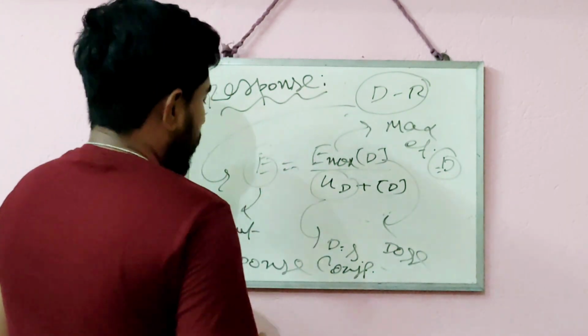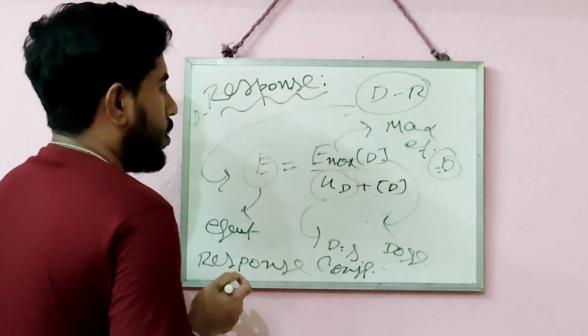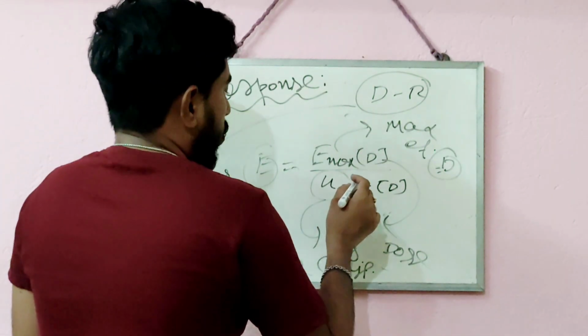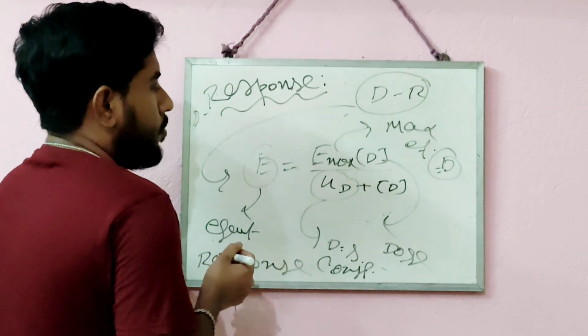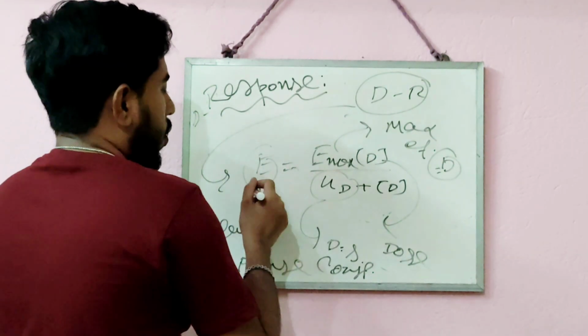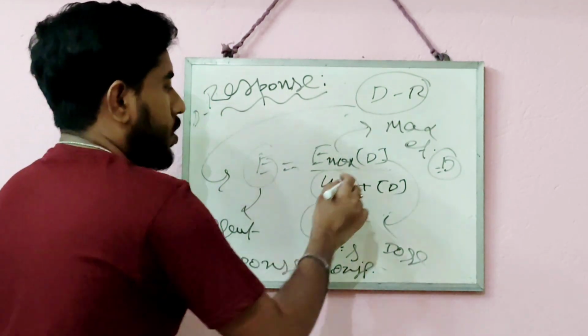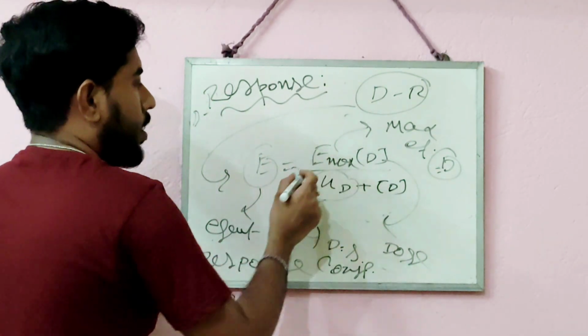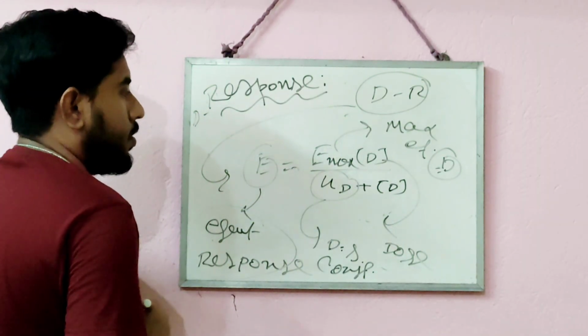So you just have to remember that the relationship between drug dose and the response given by the body can be represented as an equation: E is equal to Emax into D by KD plus D, where E is the response or effect shown by the drug.